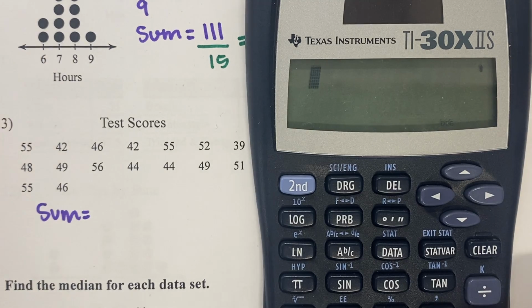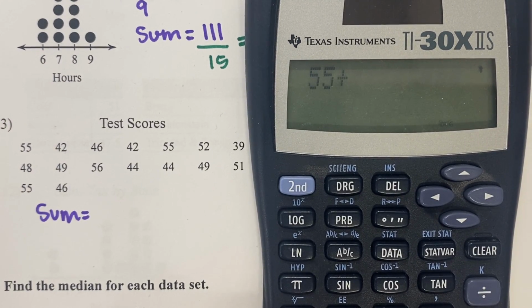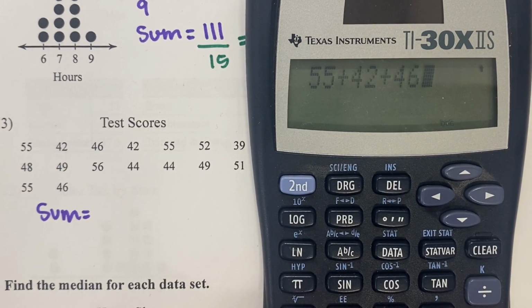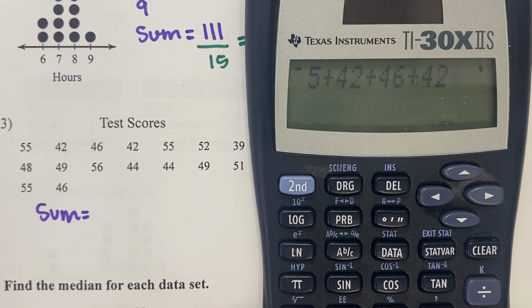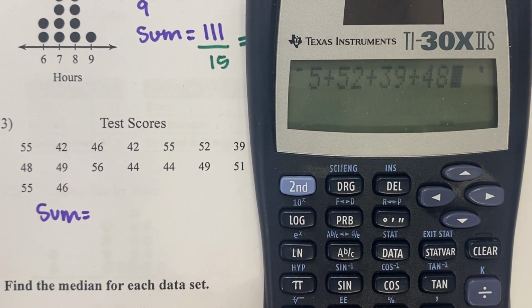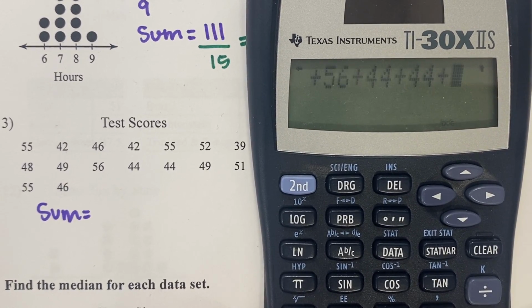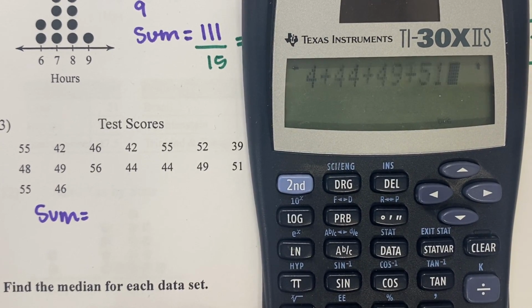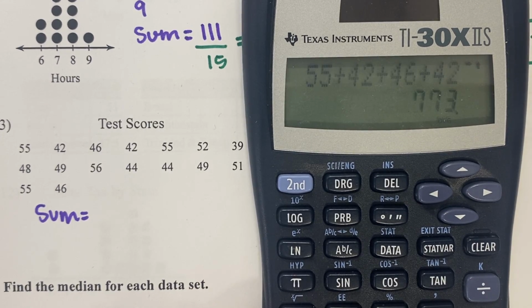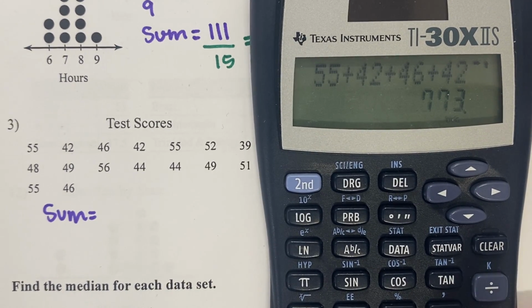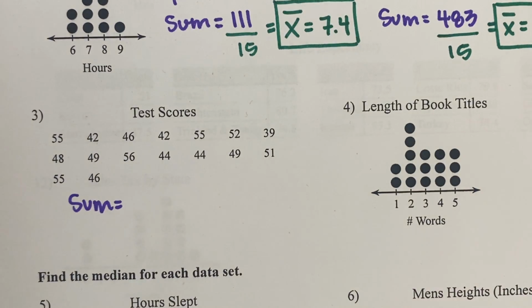So we have 55 plus 42 plus 46 plus 42 plus 55 plus 52 plus 39 plus 48 plus 49 plus 56 plus 44 plus 44 plus 49 plus 51 plus 55 plus 46. So our sum of all of those numbers is 773.